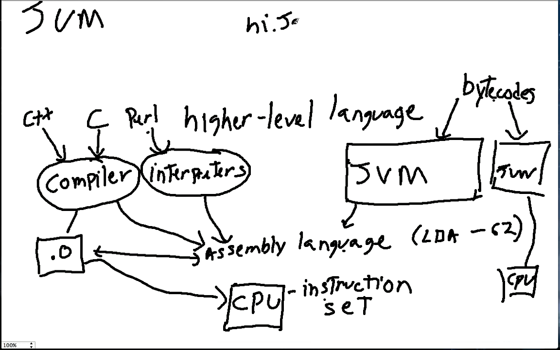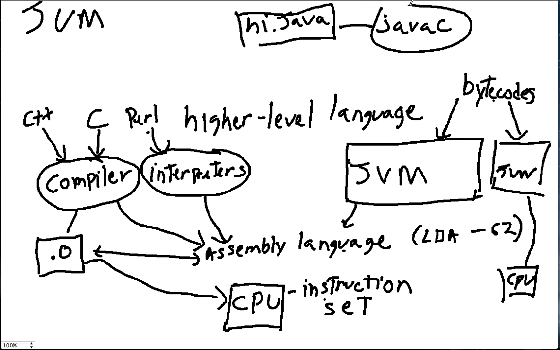The part that's missing is the part that takes your Java program, and we run that through the Java compiler, and this generates bytecodes. So when you're running Eclipse, when you hit the compile button, it takes your Java file that you wrote and runs the Java compiler, and that creates the bytecodes.